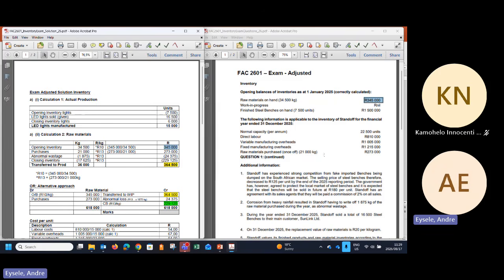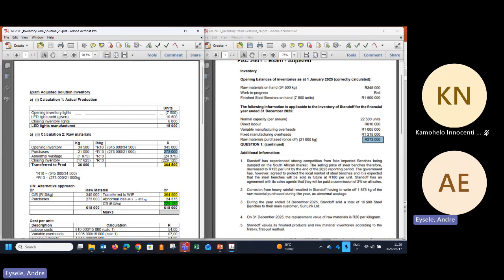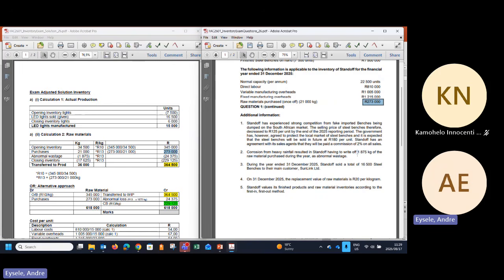Okay, they also said we've purchased 21,000 kilograms of raw materials, 273,000. They also indicated that there's abnormal spillage of 1,875 kilograms, the wastage that we need to write off.